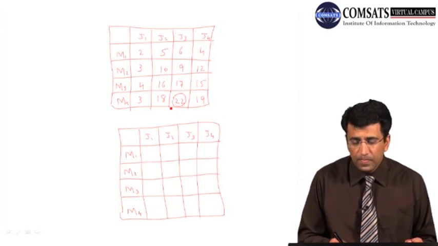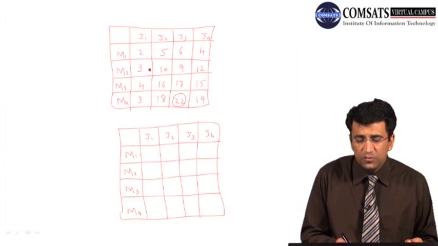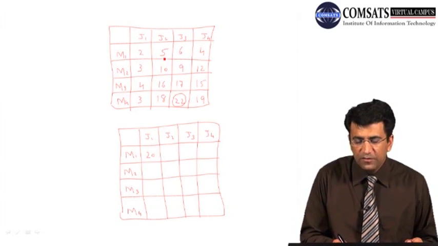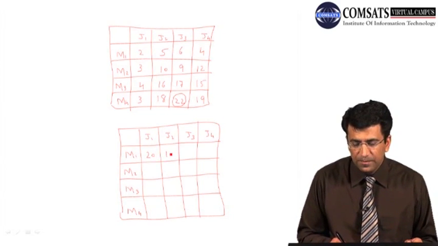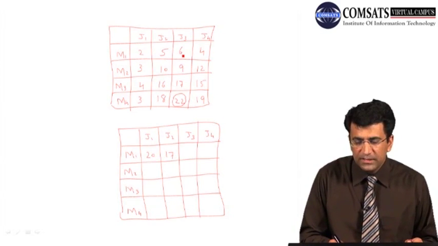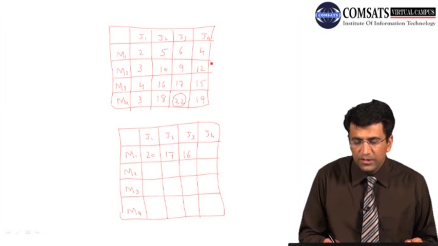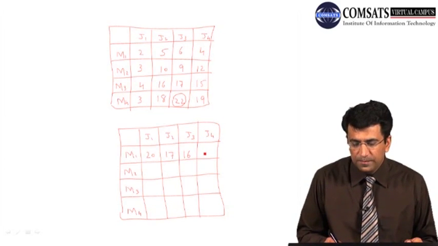Now class, 22 minus 2, it will become 20. 22 minus 5, it will become 17. 22 minus 6, it will become 16. 22 minus 4, it will become 18.